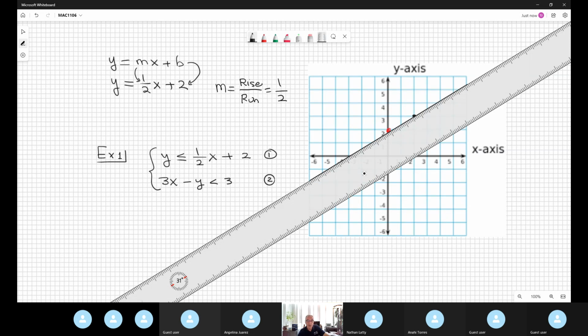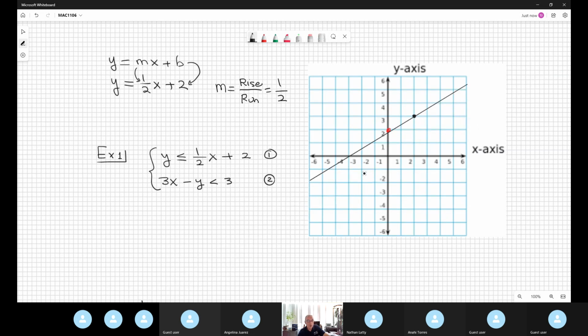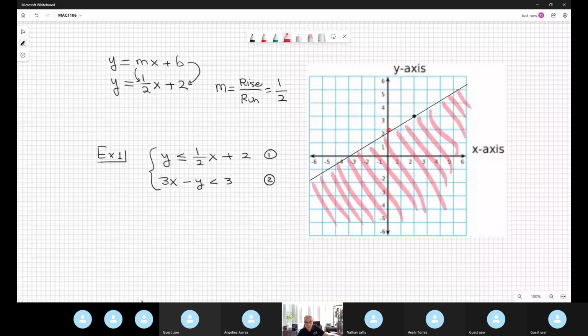Now, after that, you understand that our solution is below this line. Why below? Because it's less than. So you shade that part. But this is the answer for the first inequality. I need to plot the answer for the second, and the intersection is the solution for the system.